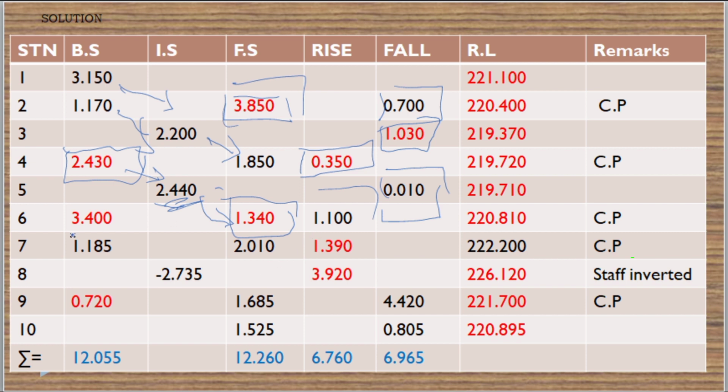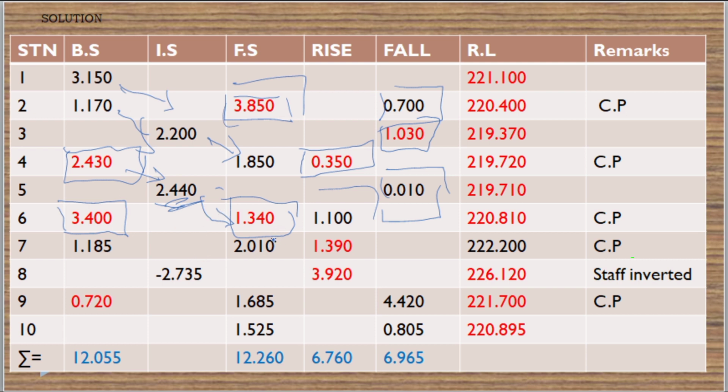And again, this missing value here, we are going to calculate it later, so you can leave that x for now. I will show you how I got the 3.4 meter there held on the staff.